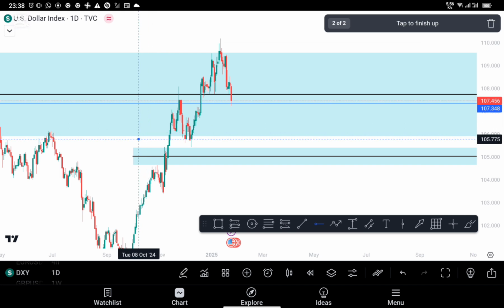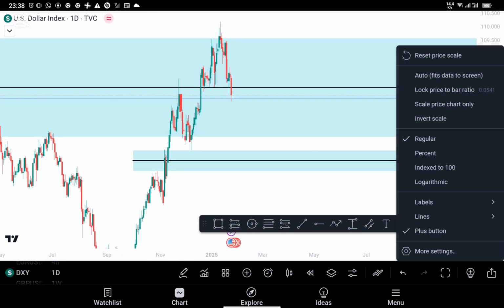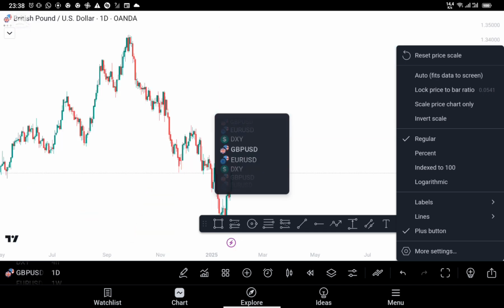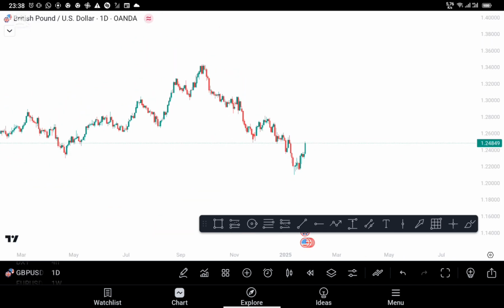Okay, so this is Euro dollar, this is dollar. If dollar is going down, countries that are paired with dollar and trading against dollar will go in the opposite direction.